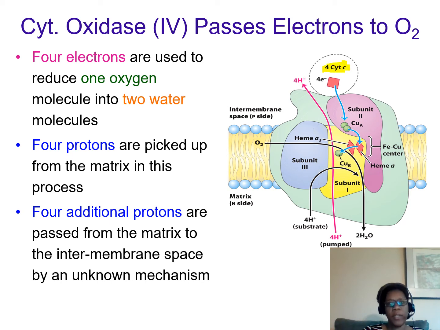Now 4 cytochrome Cs are carrying 4 electrons, 2 from each QH2 from complex 1 and complex 2. The mechanism or the pathway for this is so unimportant, we're going to skip it altogether and say that those 4 electrons are used to reduce 1 oxygen molecule to 2 water molecules.